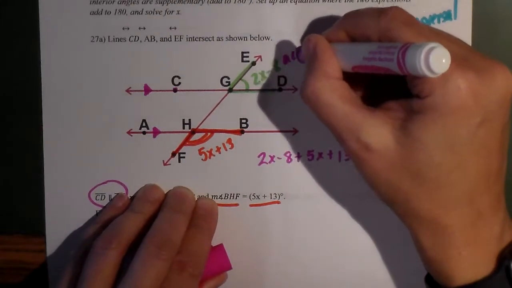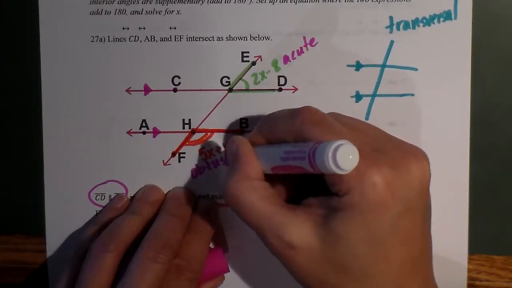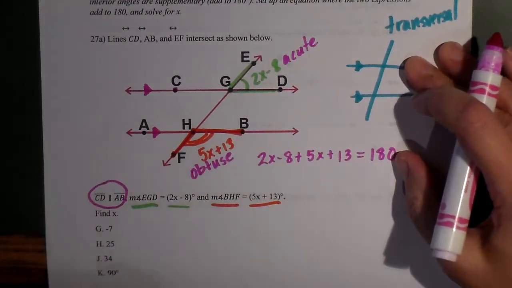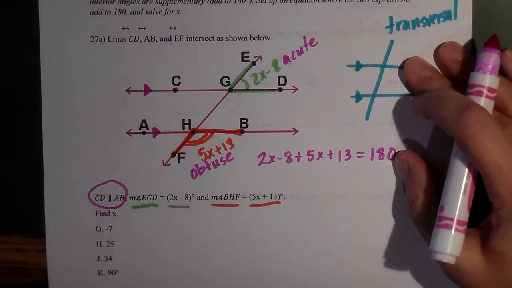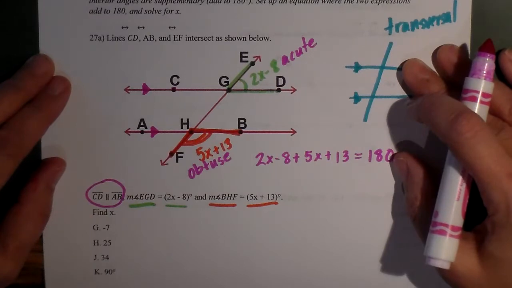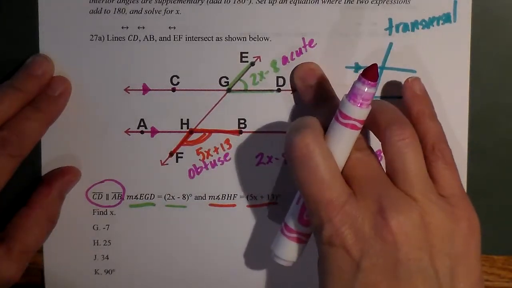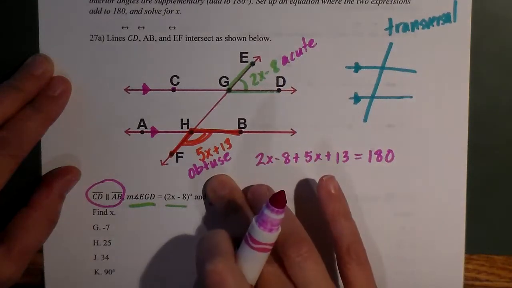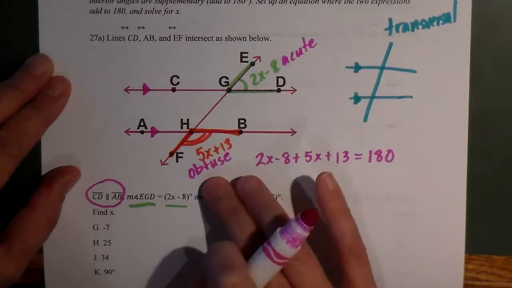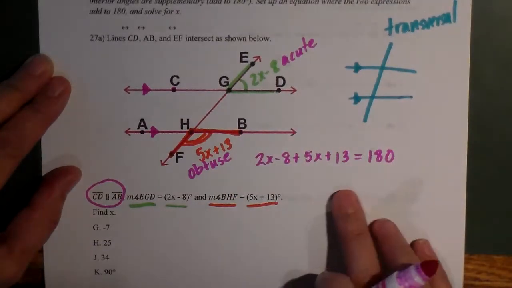Again, I have an acute angle and I've got an obtuse angle. Whenever you have parallel lines cut by a transversal and the lines are parallel, all these little pairs become congruent if they're all the same acute angle or all the same obtuse angle. But when you've got an acute and an obtuse, they obviously can't be equal, so they add to 180.